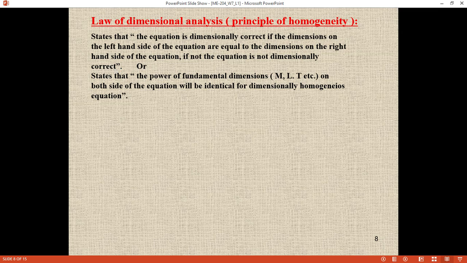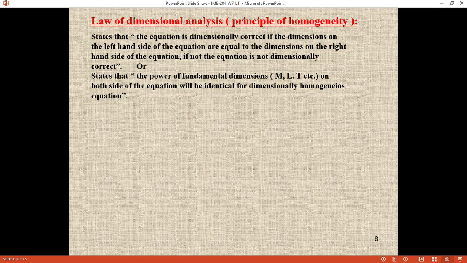That means if you develop an equation and the dimension of the left hand side is equal to the right hand side, that equation is true, that relationship is possible and correct. But if the dimension of the left hand side is not equal to the dimension of the right hand side, the relationship between the variables you have developed or found is technically not possible.